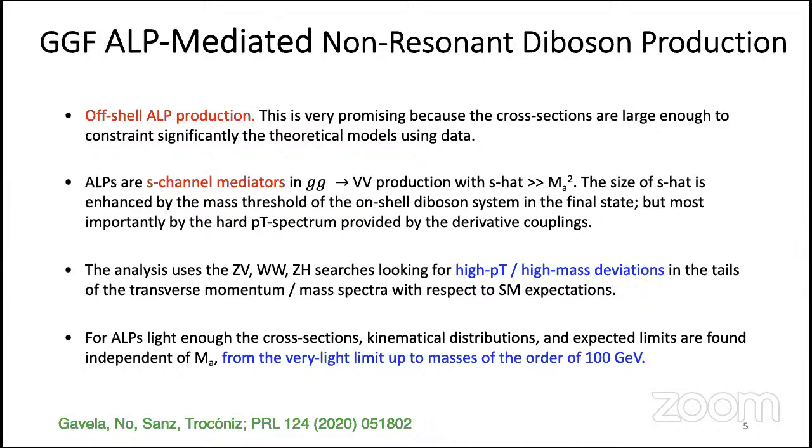So the analysis uses diboson searches looking for high pT or high mass deviations in the tails of the transverse momentum or mass spectra with respect to the standard model expectations. We found that for ALPs light enough, the cross sections, kinematic distributions, and expected limits are independent of the mass of the ALP, from the very light limit up to masses around 100 GeV.